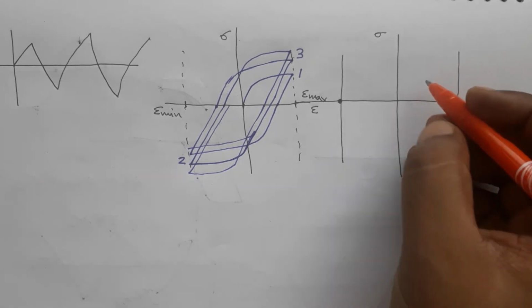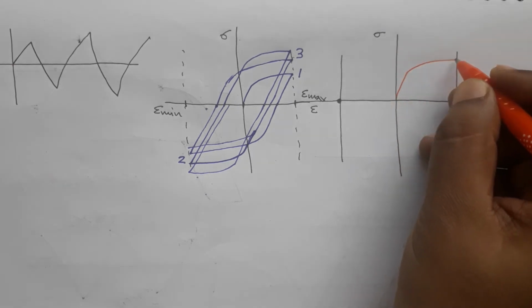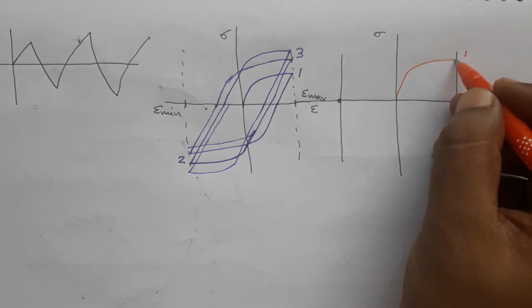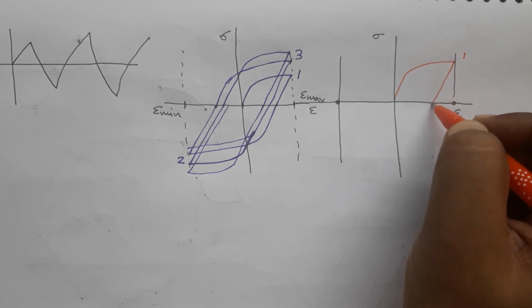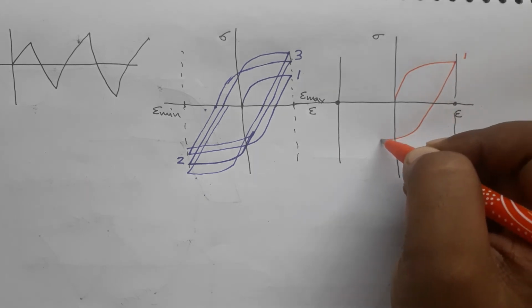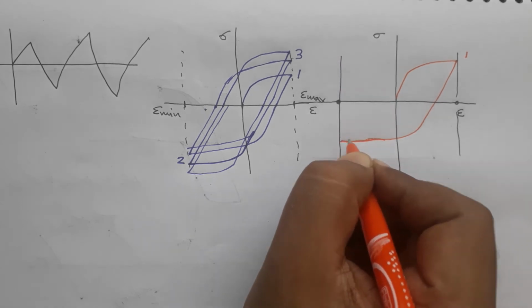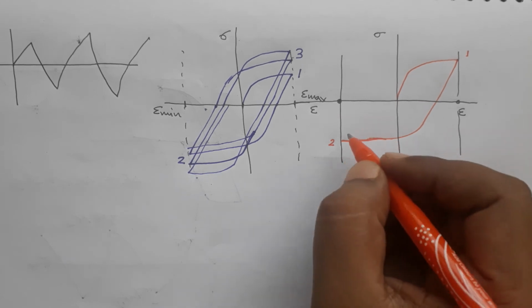In the first cycle, let's say it goes to that strain, so this is my first peak. In the second one it will go to a lower value of stress, so it will go somewhere here, and this is the second peak, okay.